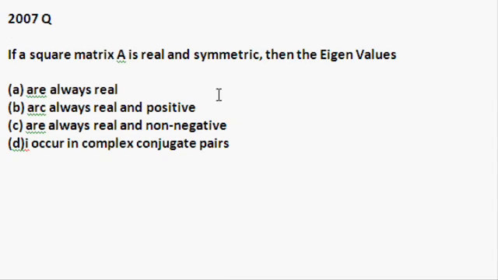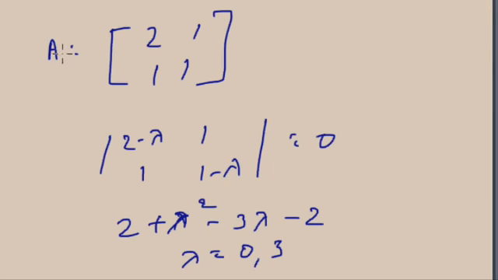This is another example question of 2007. If a square matrix A is real and symmetric, then the eigenvalues are always real, positive. What is this? You can check this by taking one example matrix. Here is the example, A is a matrix. This is a symmetric matrix.